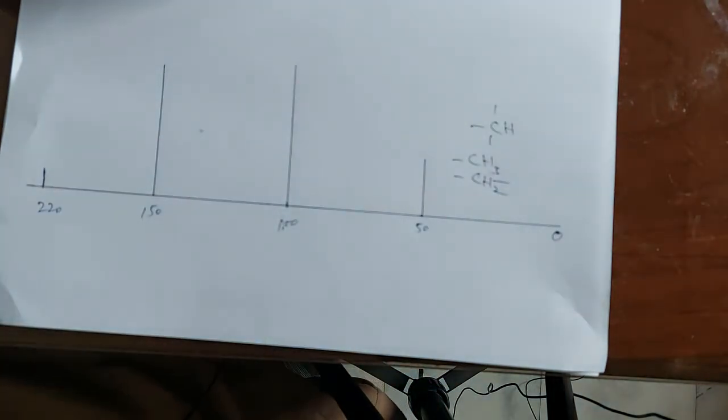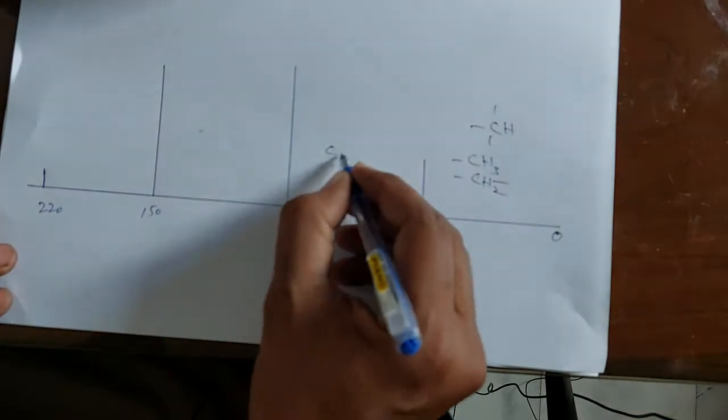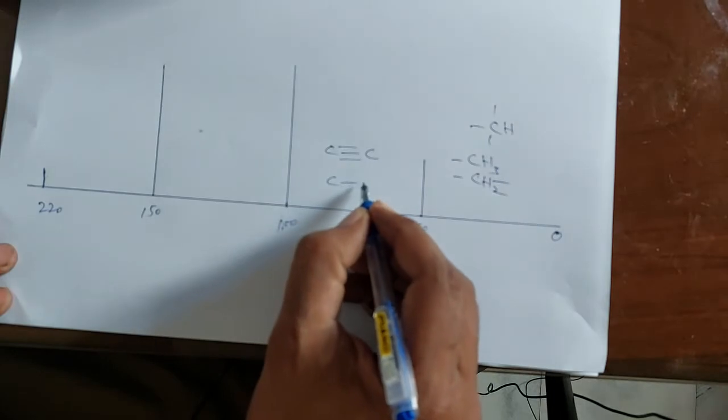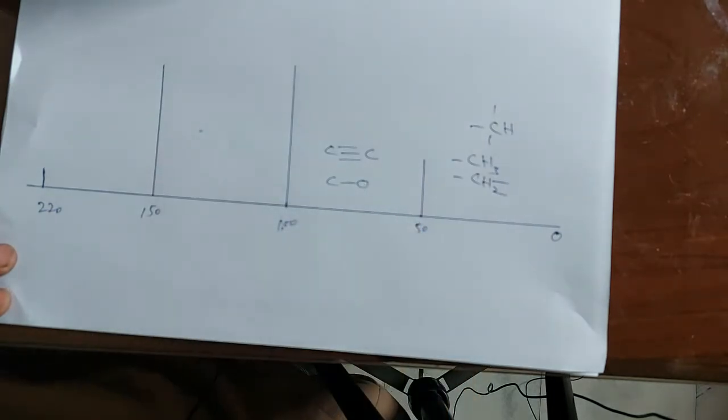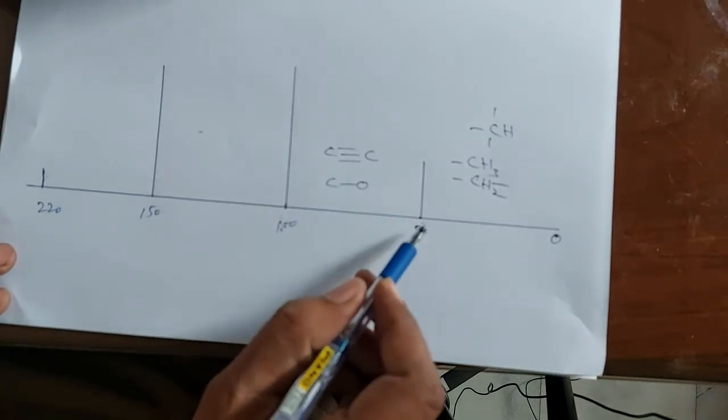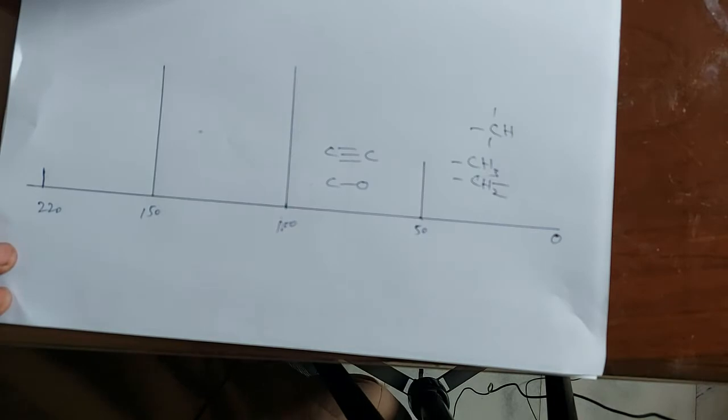And between 50 to 100 is the region of carbon triple bond carbon and carbon single bonded with oxygen. Any methoxy group, or any carbon which is attached to oxygen, will appear between 50 to 100.